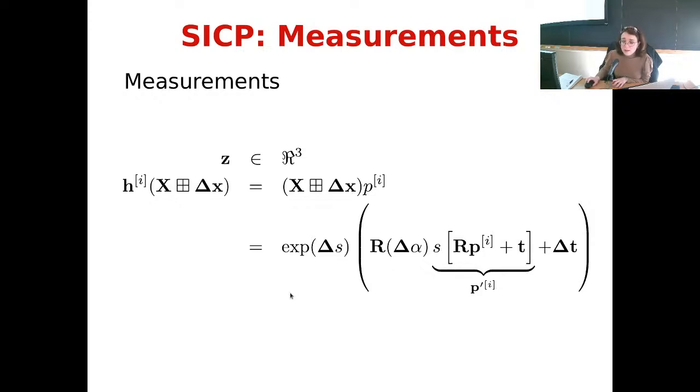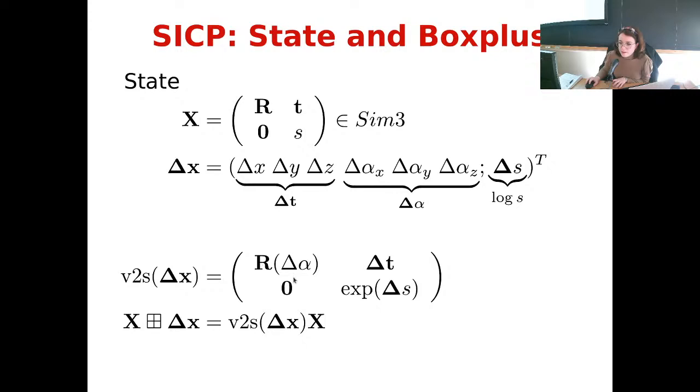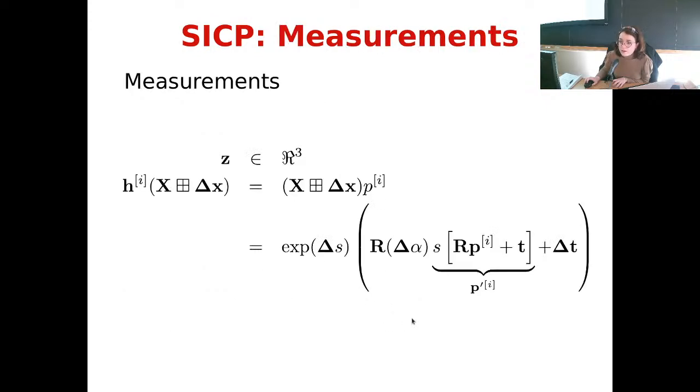Then, having defined the vector to similarity of delta x as a similarity which has R delta alpha as rotation, delta t as translation, and exp delta s as scaling, applying this to x pi gives you this expression, where the point pi prime in the robot frame is rotated by R delta alpha, translated by delta t, and scaled by the exponential of delta s.